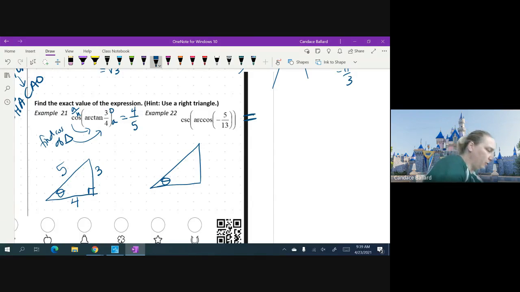All right, so we're going to do adjacent over hypotenuse. My adjacent is 5, my hypotenuse is 13, but here's the catch. Adjacent has to be the negative one, because the hypotenuse is never negative. What does that make my other leg? What's the other leg then?